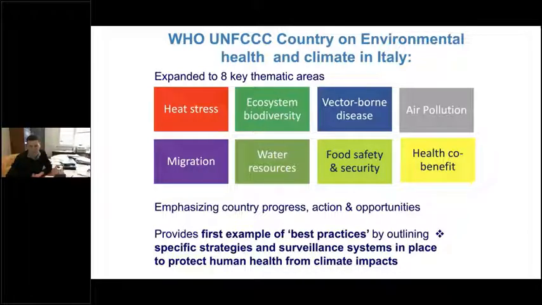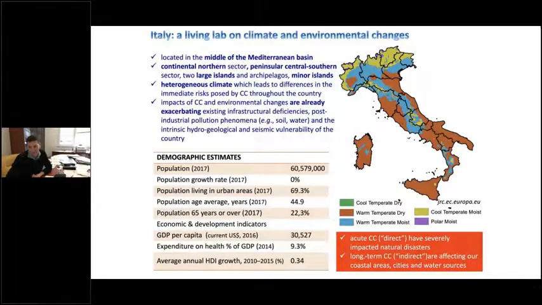information but also strategies. And Italy could be really a laboratory in this field, because it presents quite all the climatic drivers that are present in our planet.